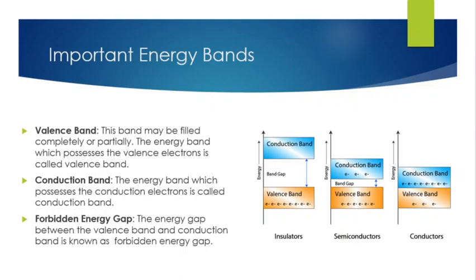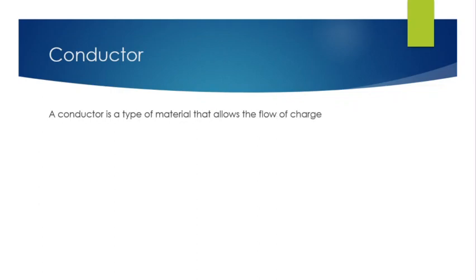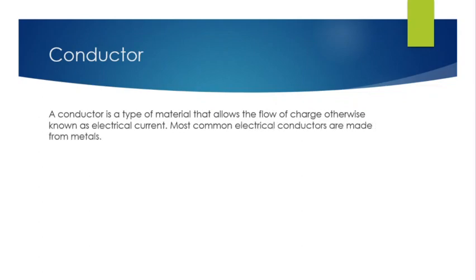So we will come to our main topic, that is conductors, insulators and semiconductors. First we will know about conductors. A conductor is a type of material that allows the flow of charge, otherwise known as electric current. Most commonly, electric conductors are made from metals.